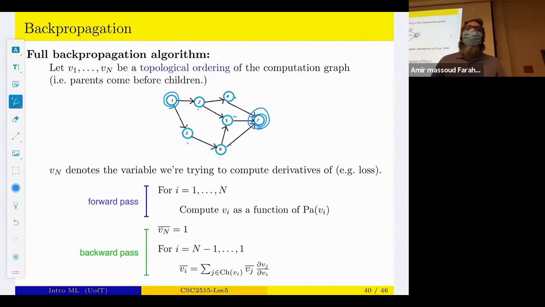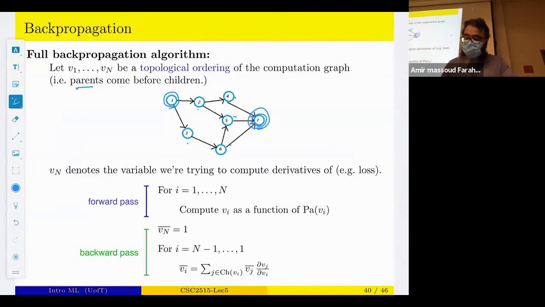We just put them in a topological order of the computation graph, which means that parents come before the children. So the order of computation should be such that parents come before the children in the computation.